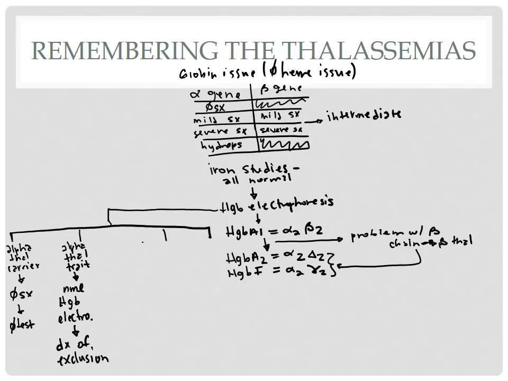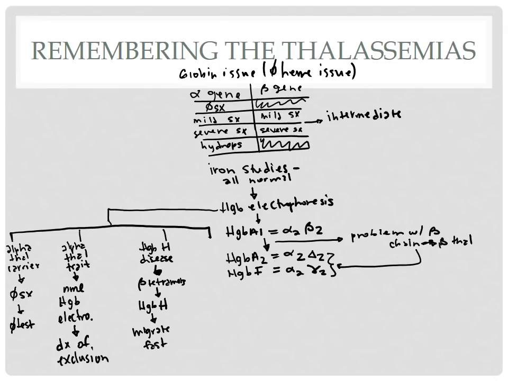If you had hemoglobin H disease, remember that there's not enough alpha chains, so the beta chains start forming beta tetramers. And those beta tetramers are hemoglobin H, and they migrate fast. And that would give you your diagnosis.